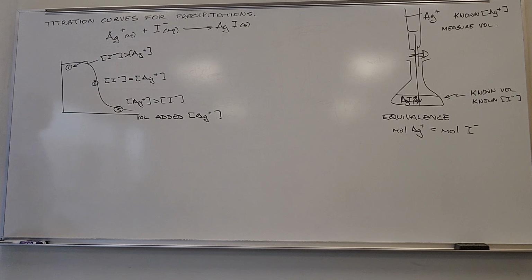Then is it concentration of silver iodide? No, can't be, because that doesn't match where we are. What was it previously? pH. So what should it be now? Wait, is it still pH? No. We're going to make something up.